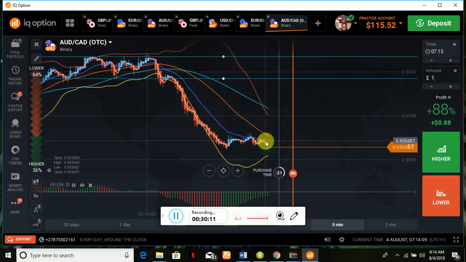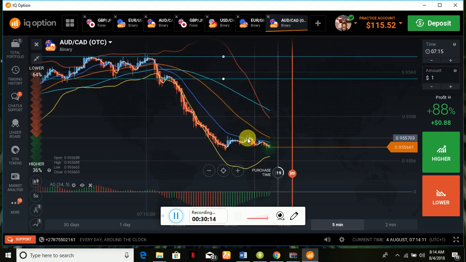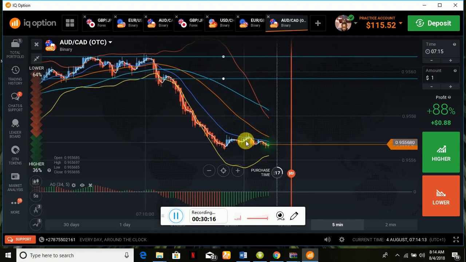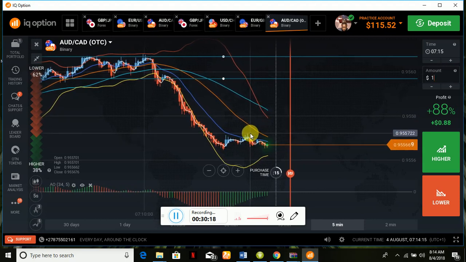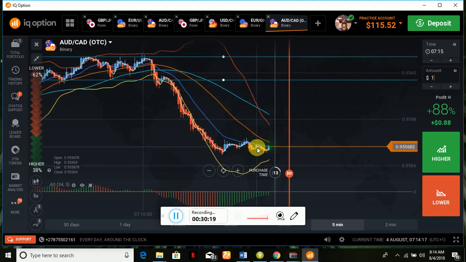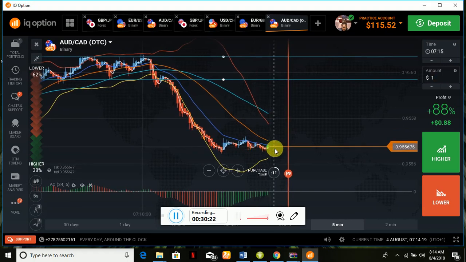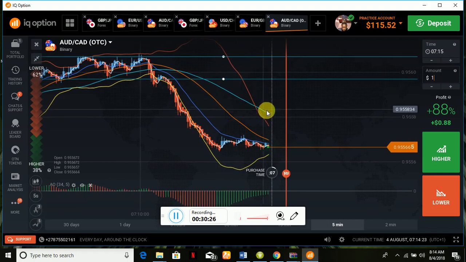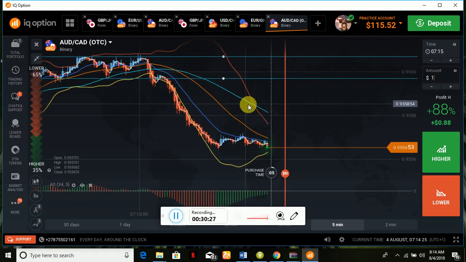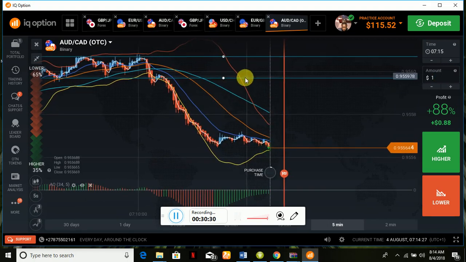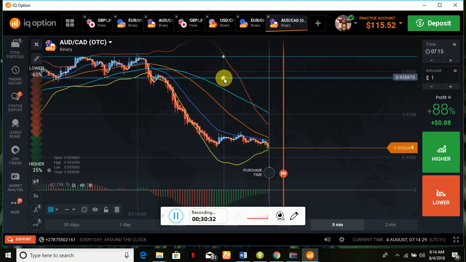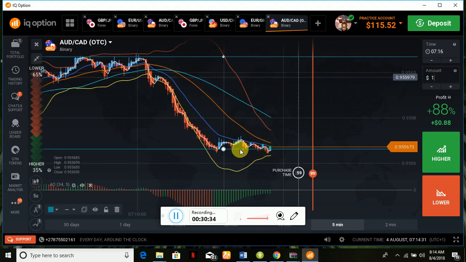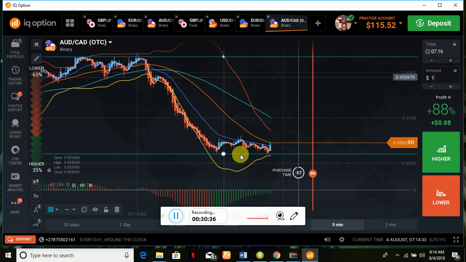As I said before, it's up to you. You can buy it if the gap is big enough and this thing is crossed above this line. But if you want to be safe, just like me, you will only be selling if it's below this line here. Let's move this moving average, put it here.